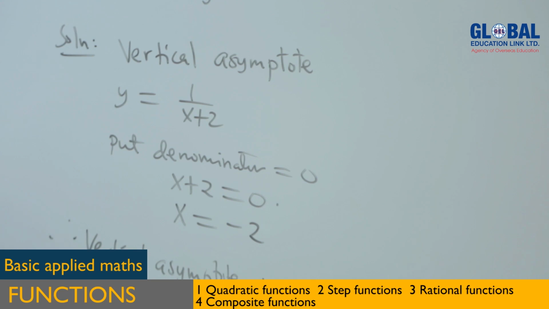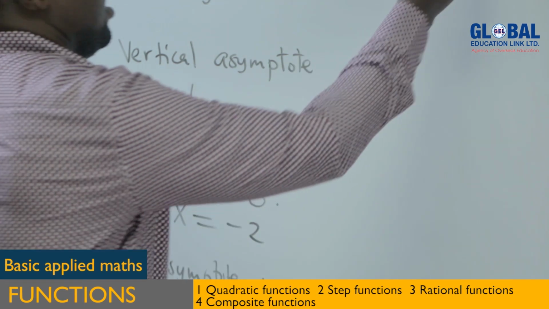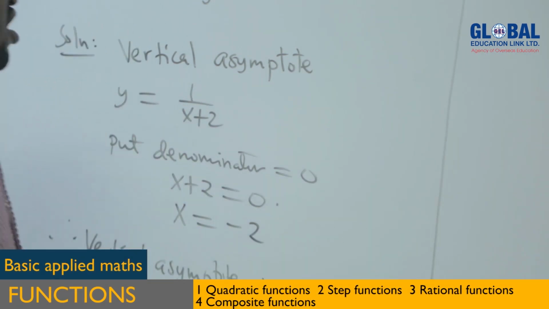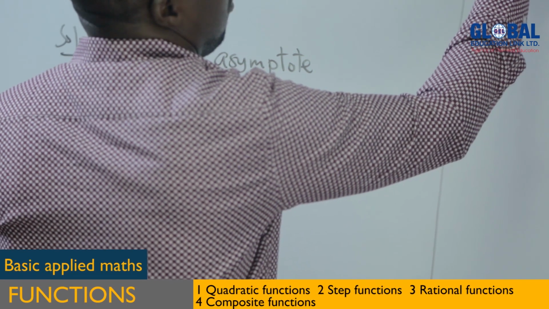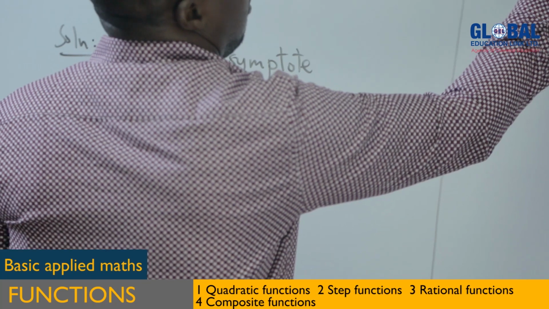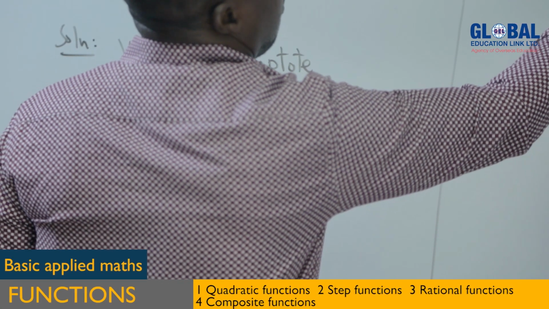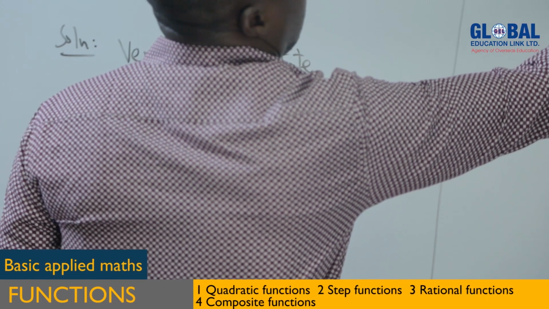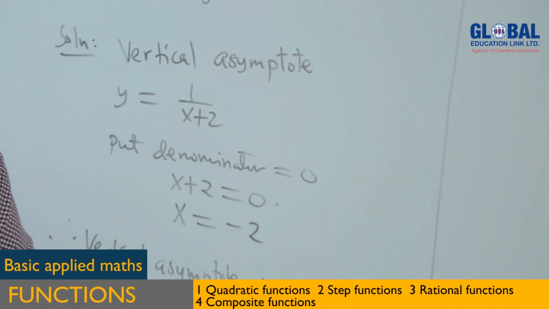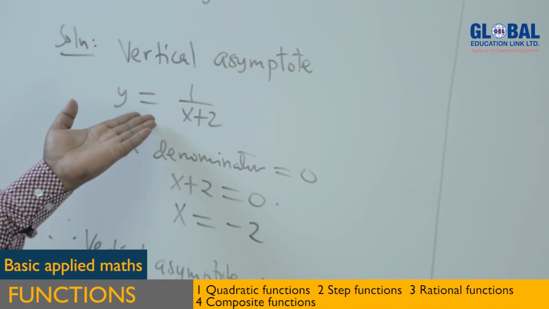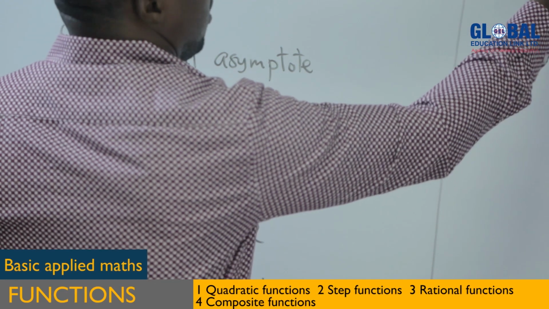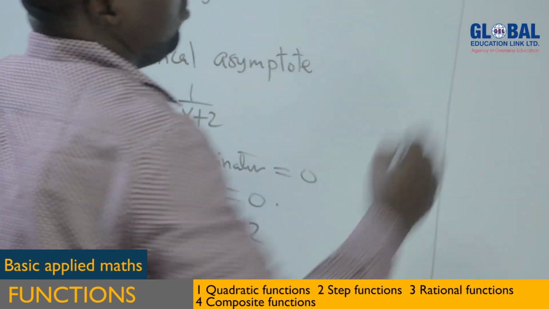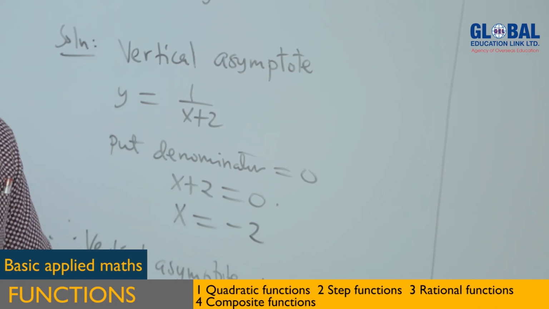Then again, my dear student, we have another thing called the horizontal asymptote. So by using our equation, that is y is equal to 1 over x plus 2, this time we try to make x the subject.